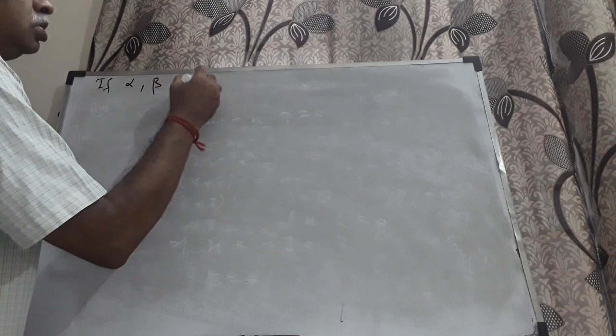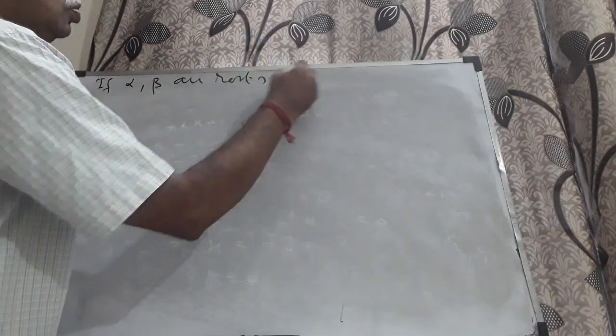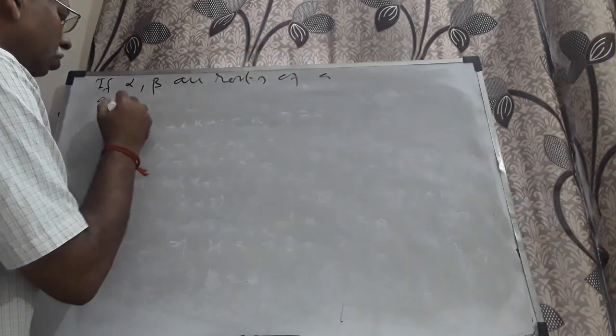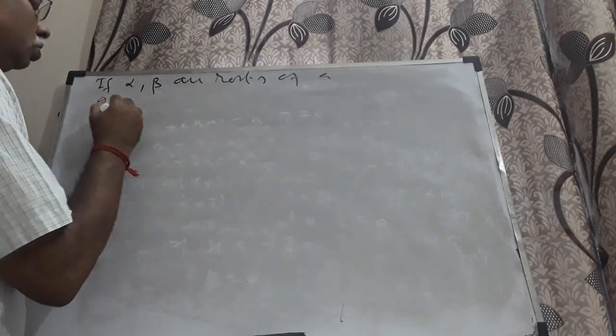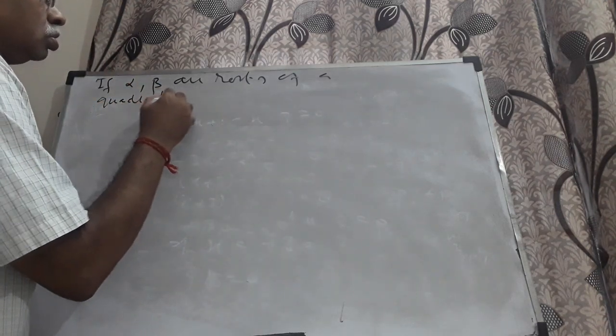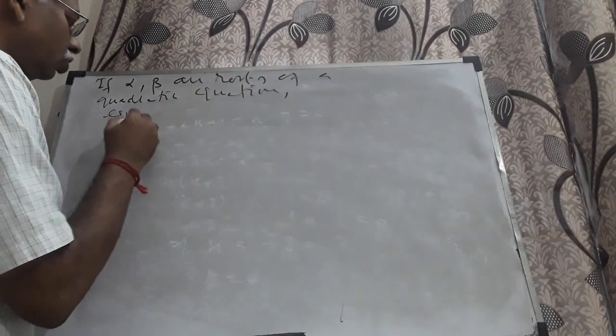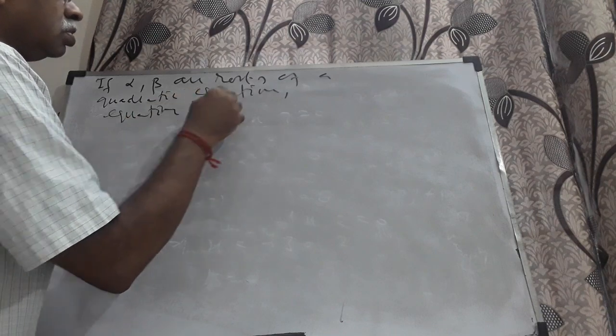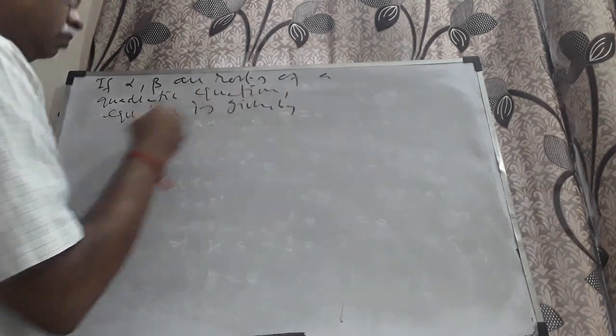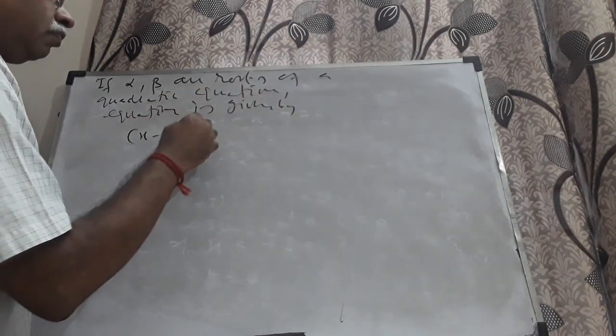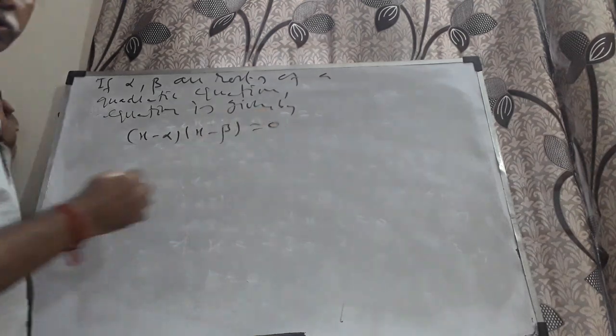Just listen. Next sum. Before going to the next sum, if alpha, beta are roots of a quadratic equation, the equation is given by (x minus alpha) into (x minus beta) is equal to 0.